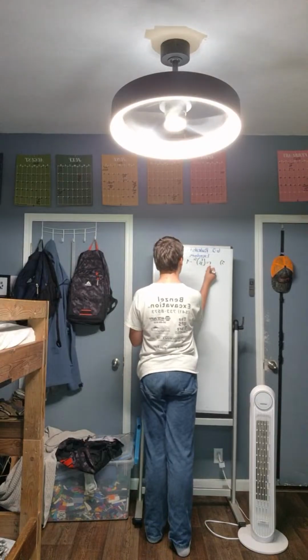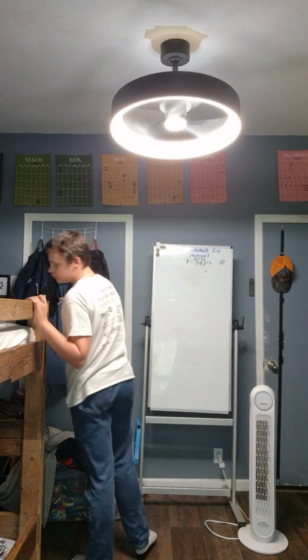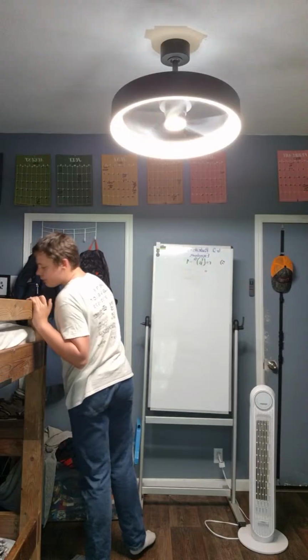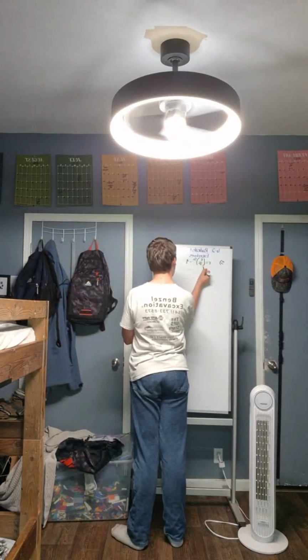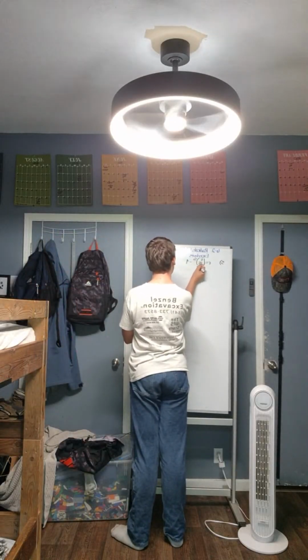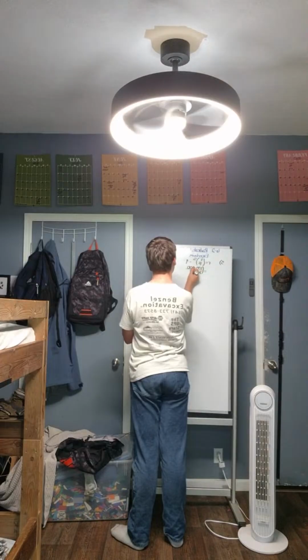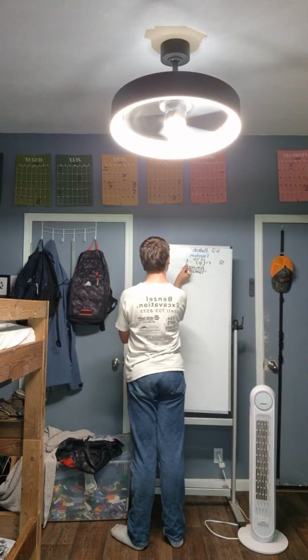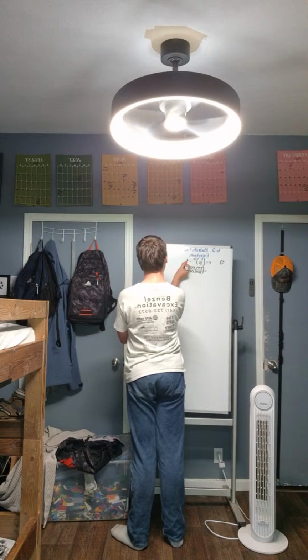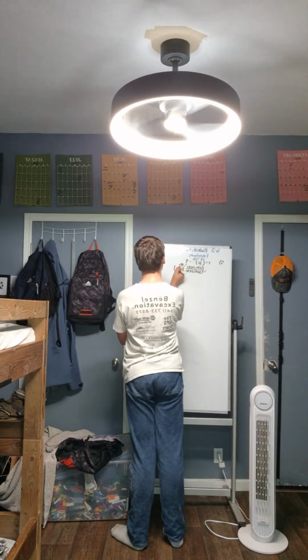Now we have 235,000, which is F, divided by 200,000, which is P, to the power of 1 divided by 5, minus 1.